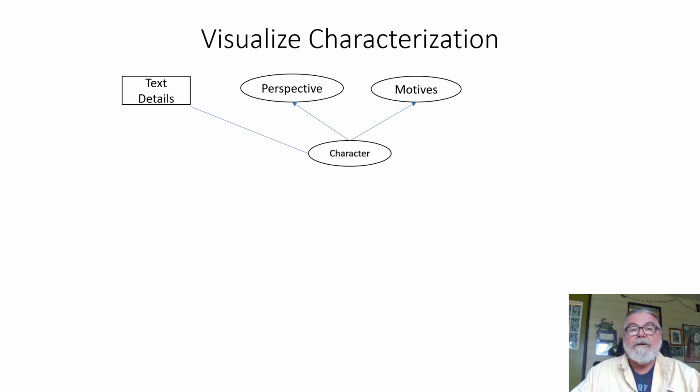So why is the character doing this? How do they see things? And based upon that, we can make an inference about the character. That's our comment, the inference. We don't want to retell what the story says or what the character did or said or the comment by the narrator. We want to make an inference about what has been said. That's our comment.